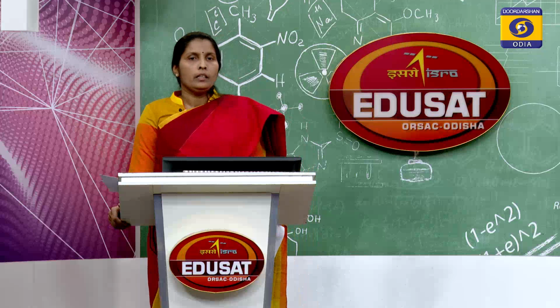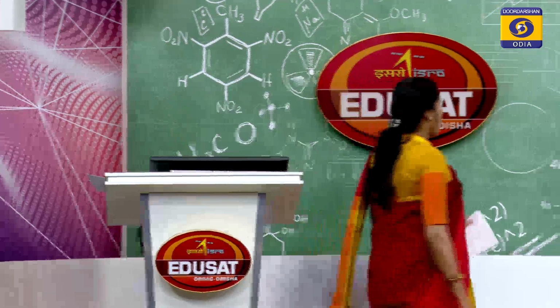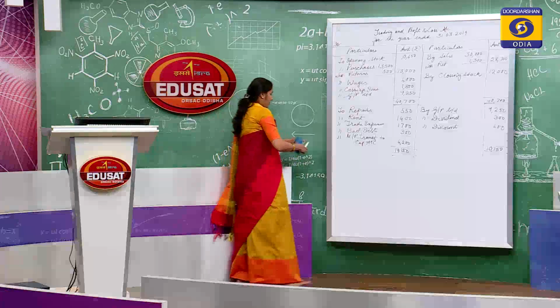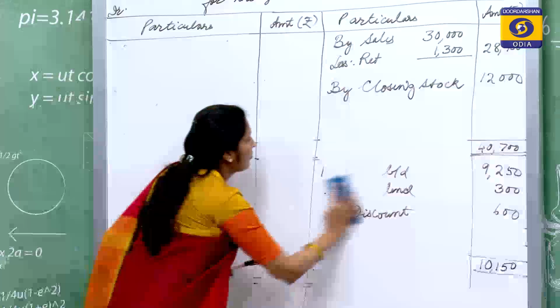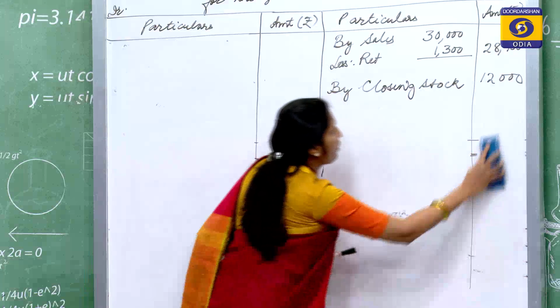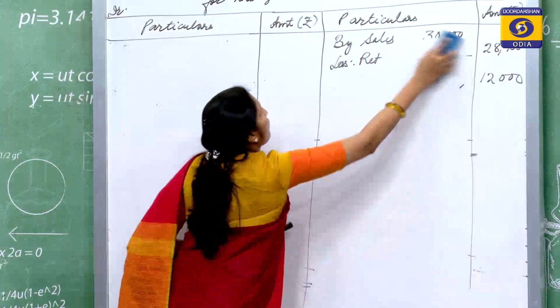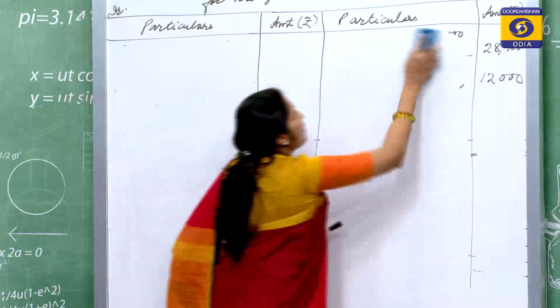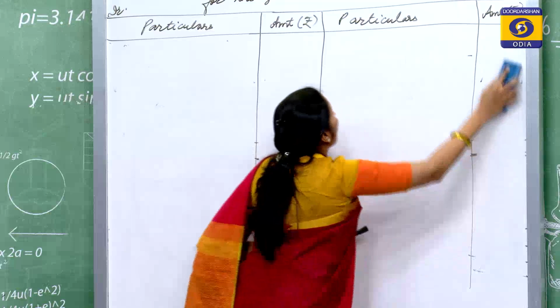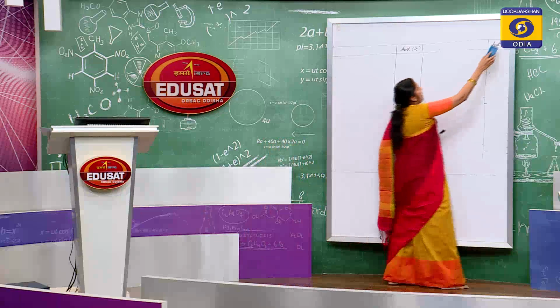We have got a net profit of 6,200. And all of you remember the format of the balance sheet. I had already just taught you how the format of a balance sheet is prepared. So we'll prepare the balance sheet.